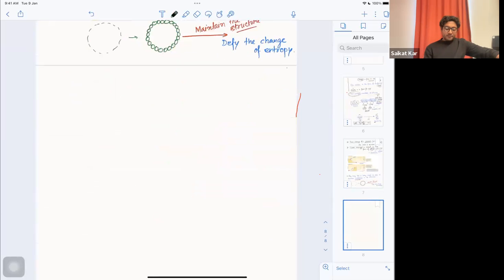Now, a very prominent question that comes in biology is, why is the cell small? Why is the cell small? It's a very naive question. You'll find that why is the cell small means what? Cell is small, so small. But this is also a very fundamental question. Why is the cell small, or why is the cell microscopic?